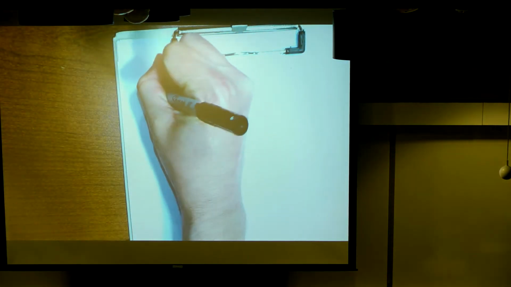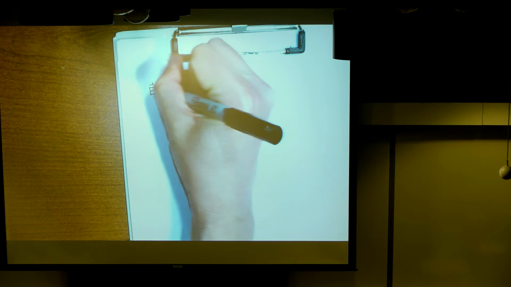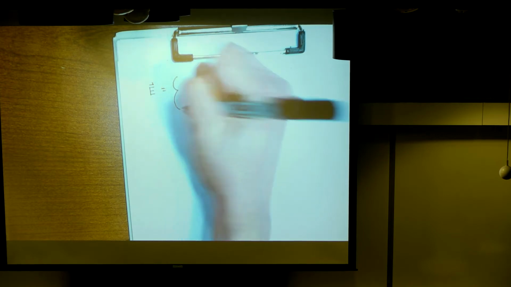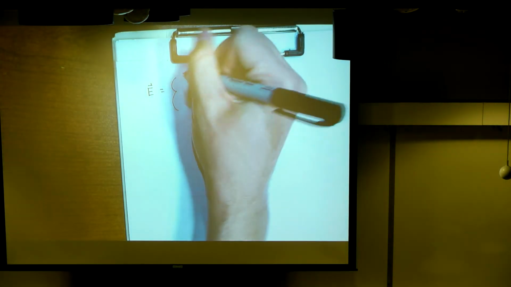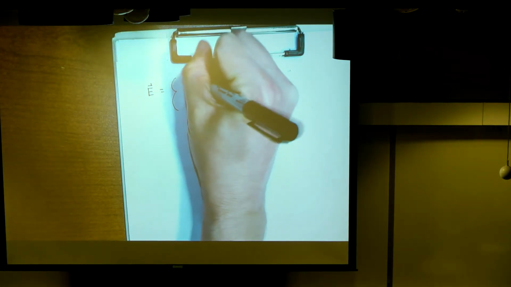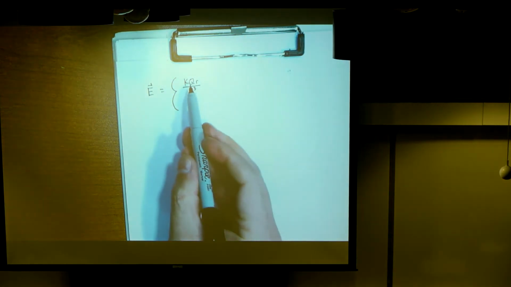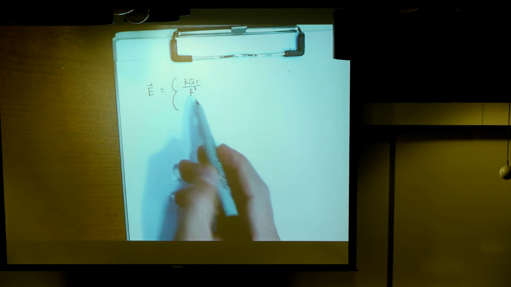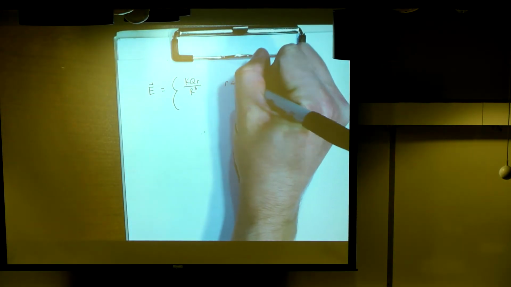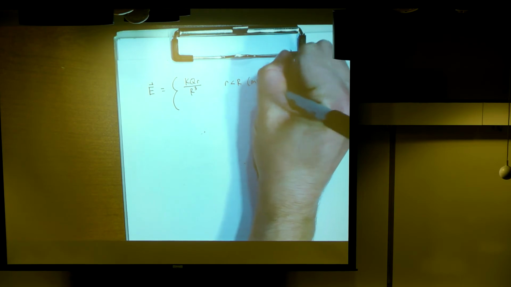So E, just kind of two expressions. Again, one is going to be valid for the inside of the sphere, and the other is going to be valid for the outside. So K, big Q, little r over big R to the third power is the one that's valid for the inside.